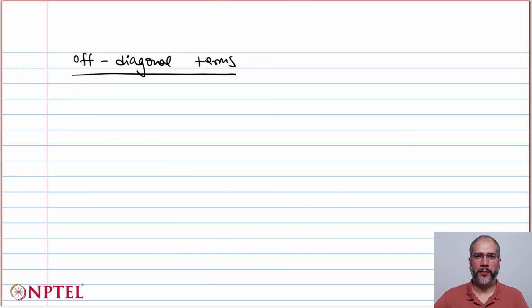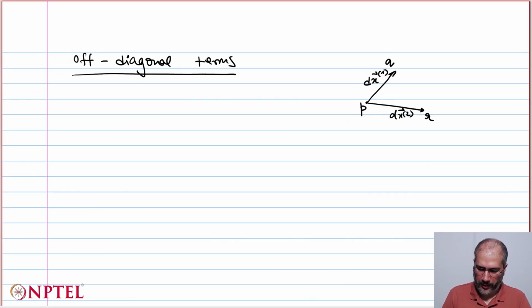So let us talk about the off diagonal terms now. In the current configuration, we take 2 points Q and R this time with the vectors originating from point P as earlier, and we'll call this d small x1 vector and d small x2 vector. So we'll take the dot product of these two vectors, dx1i times dx2i, and then we'll take a material derivative of this quantity.